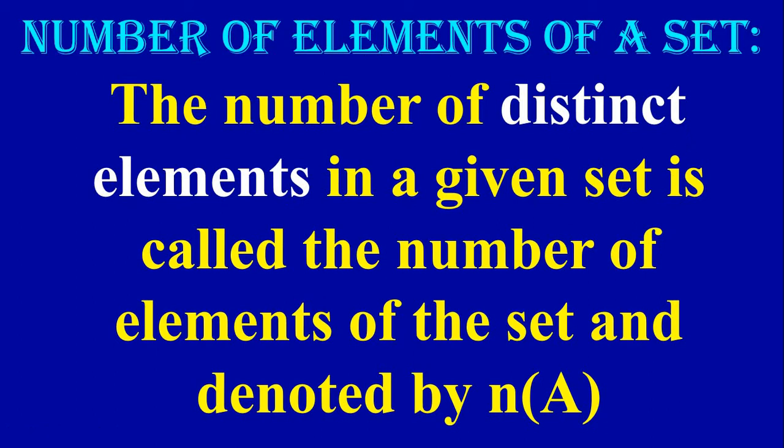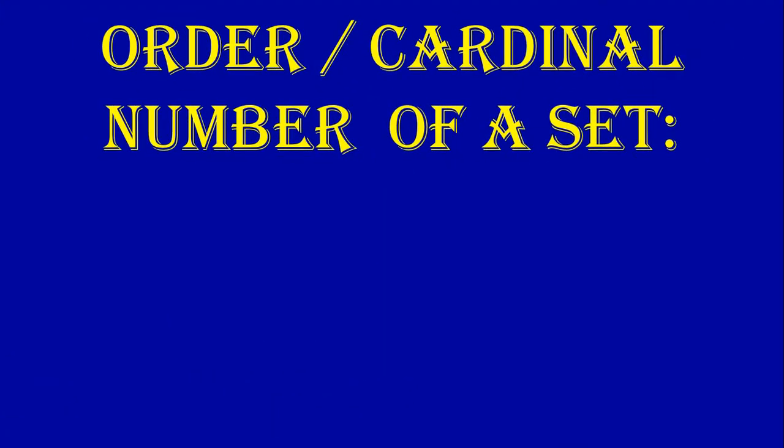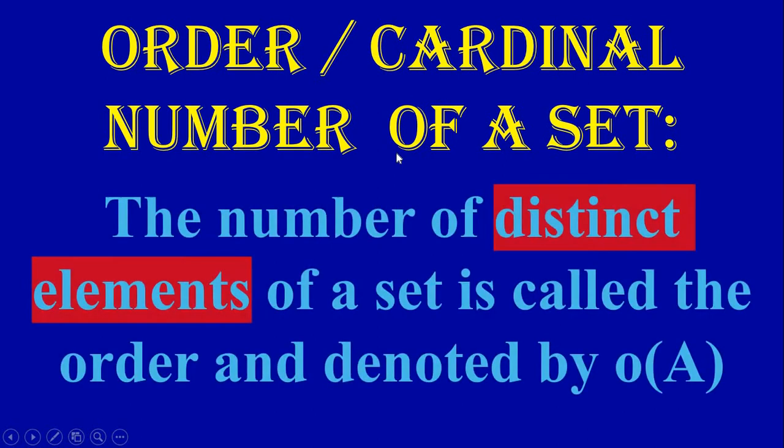That's why it is called distinct elements. It is also called the order or cardinal number of a set. Order or cardinal number mean the same. The number of distinct elements of a set is called the order and denoted by O(A). So order of A is denoted by n(A) or O(A).